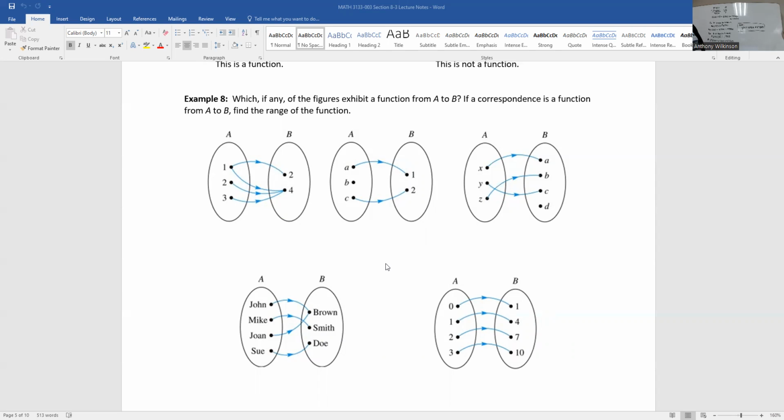So now let's look at this mapping from A to B. Would that be a function? Oh, no, it would not.